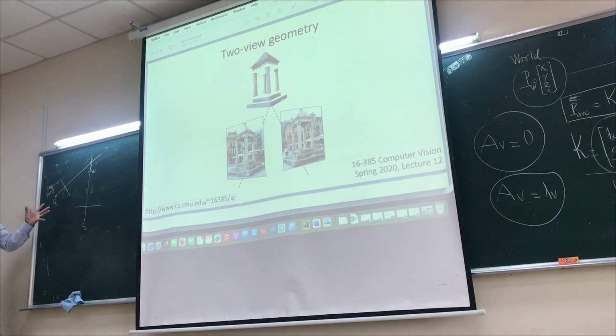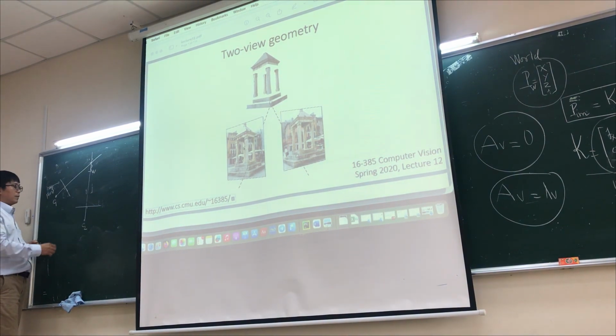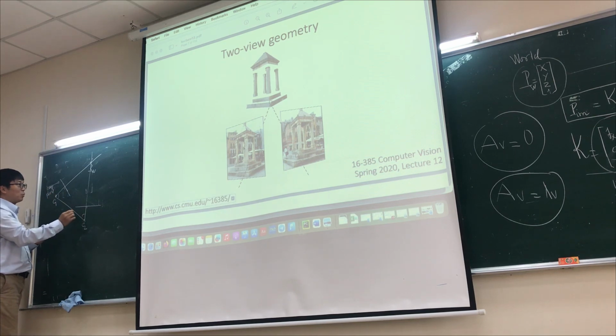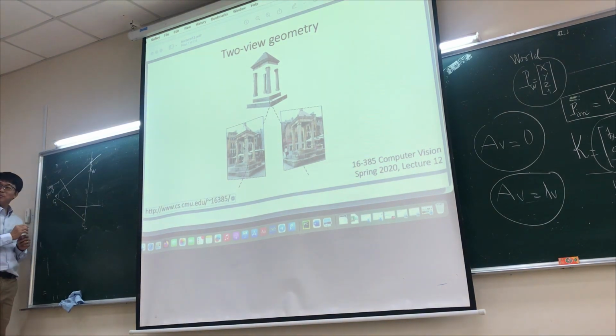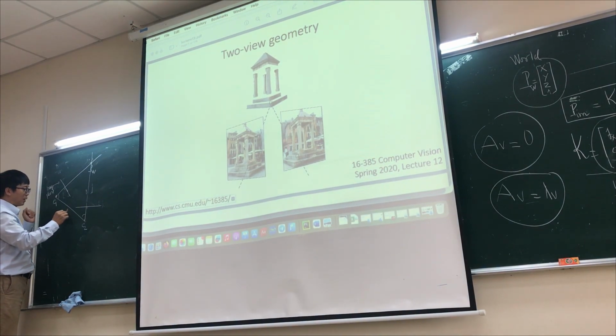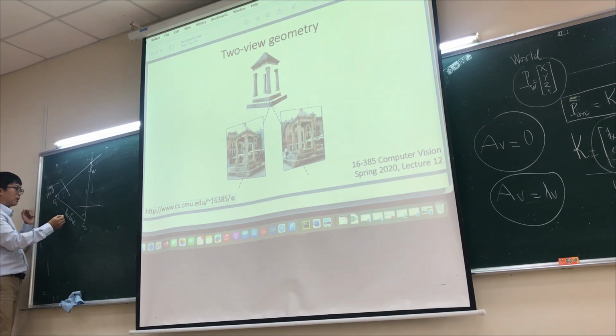Okay, here is camera 1 and camera 2. If you know the distance between them, and also the angle, can you determine this equation? The distance between the two cameras we call the baseline.